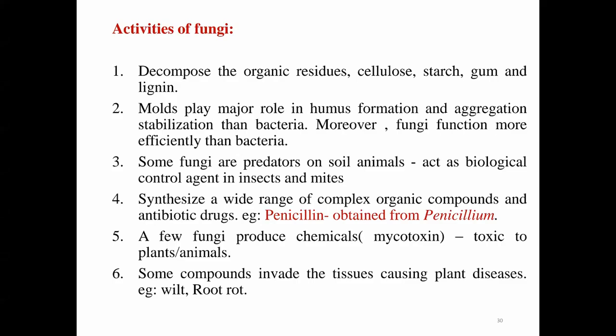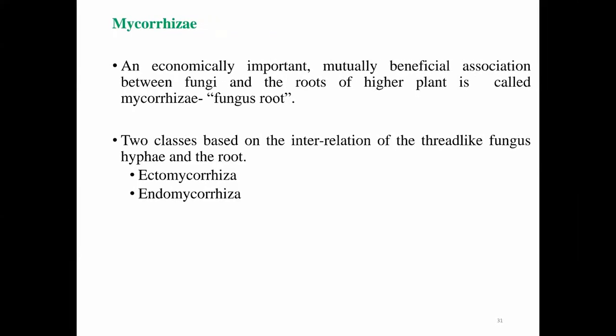The last one, some fungi invade the tissues, causing plant diseases. Example, wilt, root rot. Next, mycorrhiza. It is a mutually beneficial association between fungi and the root of the higher plant.